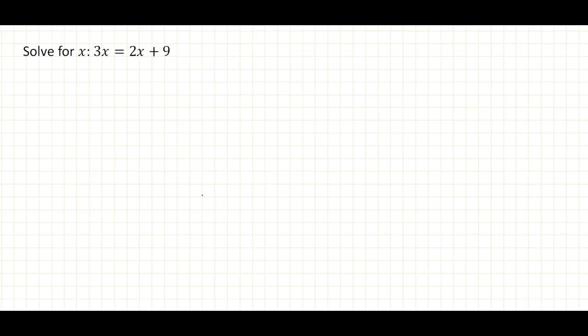The next question we have is 3x equal to 2x plus 9. So let's go ahead and draw our scale. Got a scale right here, put an equal to right here, and then 3x on the left-hand side, 2x plus 9 on the right-hand side. Now what we need to do here is isolate x.